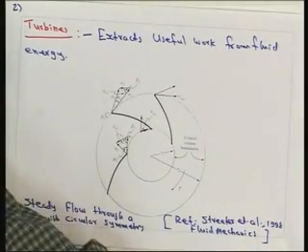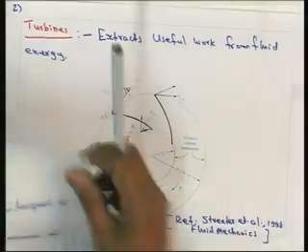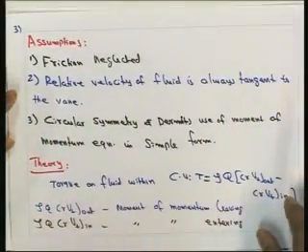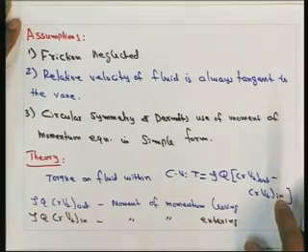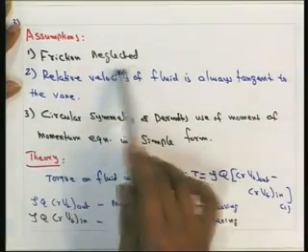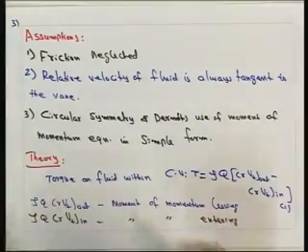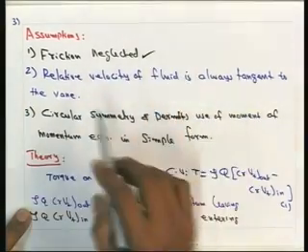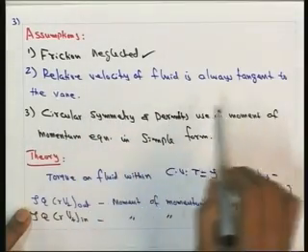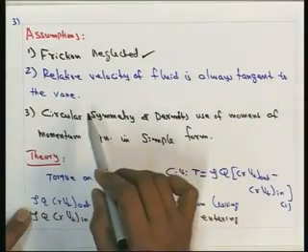Before going into how to utilize this moment of momentum principle or equation, we use certain assumptions here in the case of a turbine or a pump. The assumptions used here are, first, the friction force is neglected. Second, the relative velocity of fluid is always tangent to the vane.